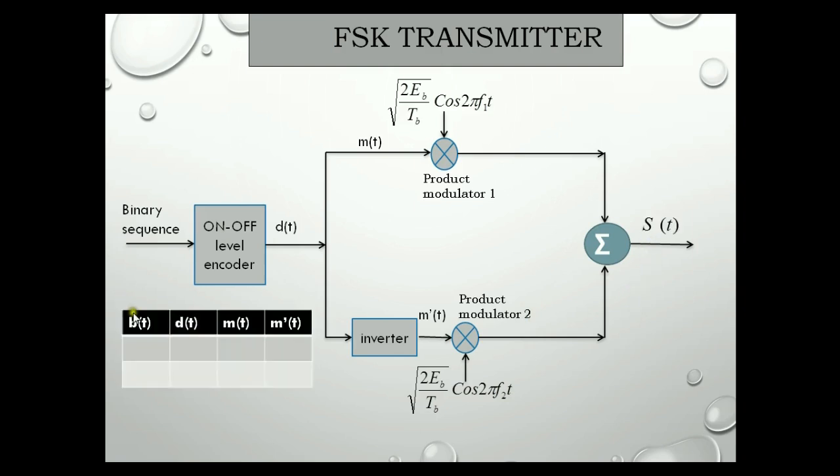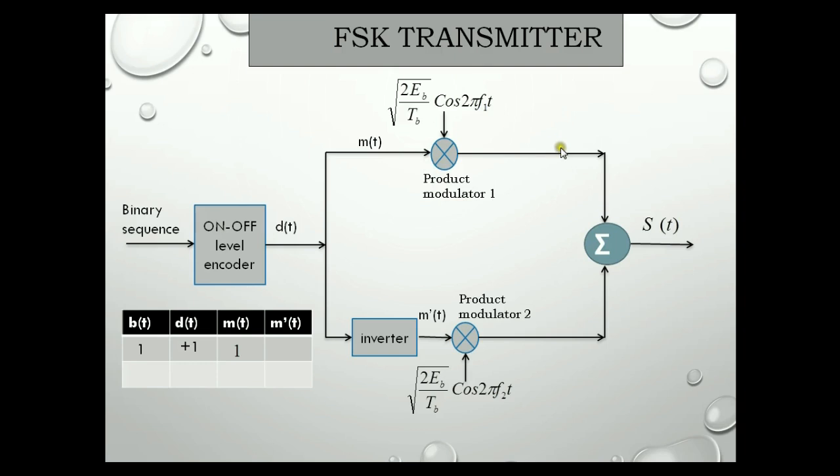Say for example, when the binary sequence is 1, the on-off level encoder will convert this 1 into plus 1 volt as d(t). The value of m(t) generated for this is 1. Product modulator 1 will multiply 1 with the carrier f1.